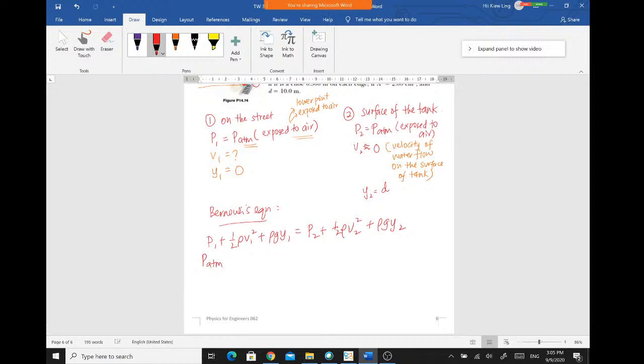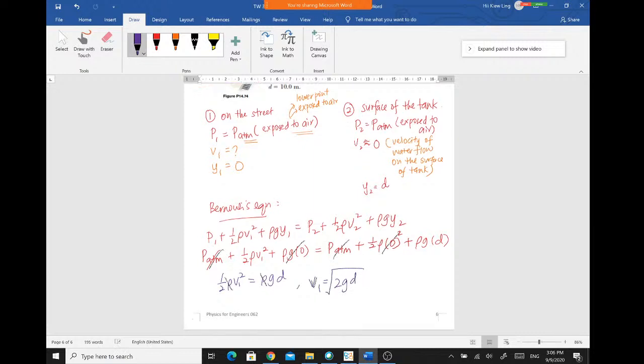Plug in the values: both pressures equal atmospheric pressure, Y1 equals 0, V2 equals 0 also, and Y2 is replaced with D. So those cancel off, and left only half rho V1 squared equals rho g D. Simplify the equation and we get our V1 equals root of 2gD.